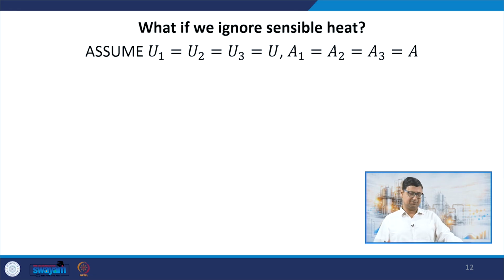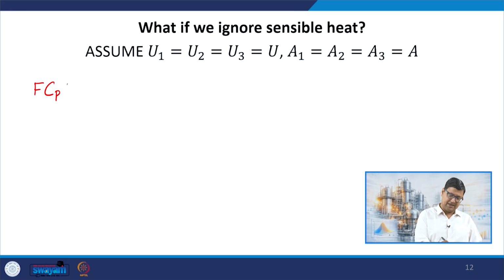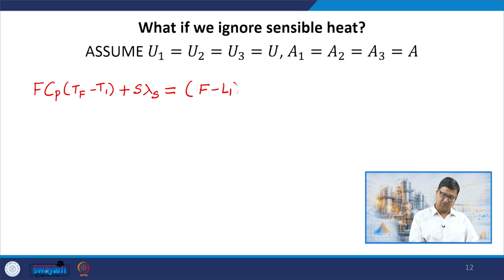So, I will write the equation for the forward feed and then we will assume that the sensible heat changes are negligible, right. So, the equations that we had got were something like this for the forward feed triple effect: F Cp (Tf minus T1) plus S lambda S is equal to (F minus L1) lambda 1, where I eliminated V1 with F minus L1.